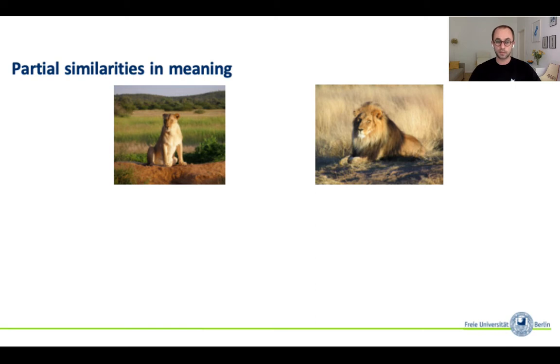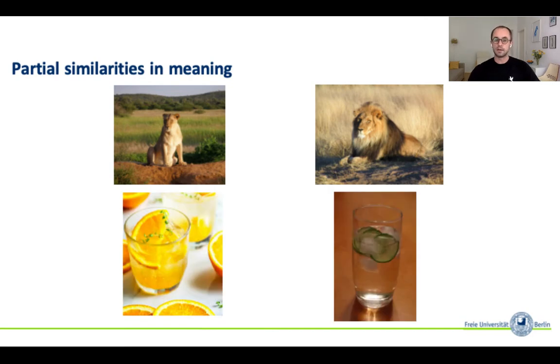And this something is the semantic feature that they share. By the same token, we can say, for example, that on the left-hand side, orange juice with tonic water is partially similar to gin and tonic on the right-hand side. They both consist of tonic water. And that's also a feature that they share.